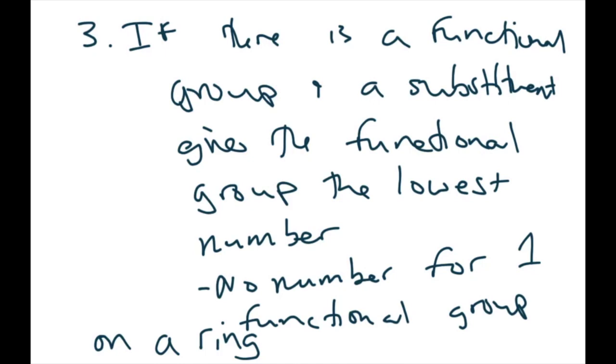The reason is that you know you're always going to give your functional group the lowest possible number, and the lowest possible number on a ring is always 1, right? So the default is that you assume that if you have a functional group that gives a suffix on a ring, that functional group is going to be number 1, and then you do the rest of your numbers off of that functional group being number 1.